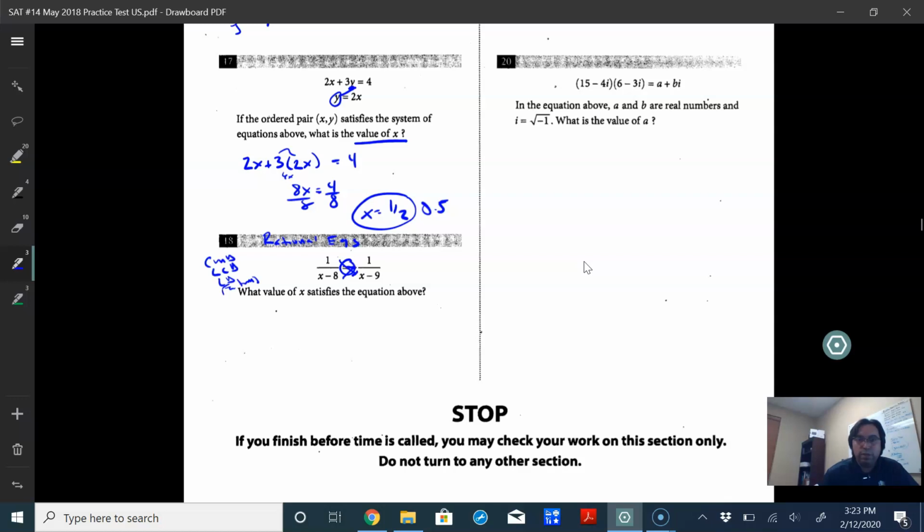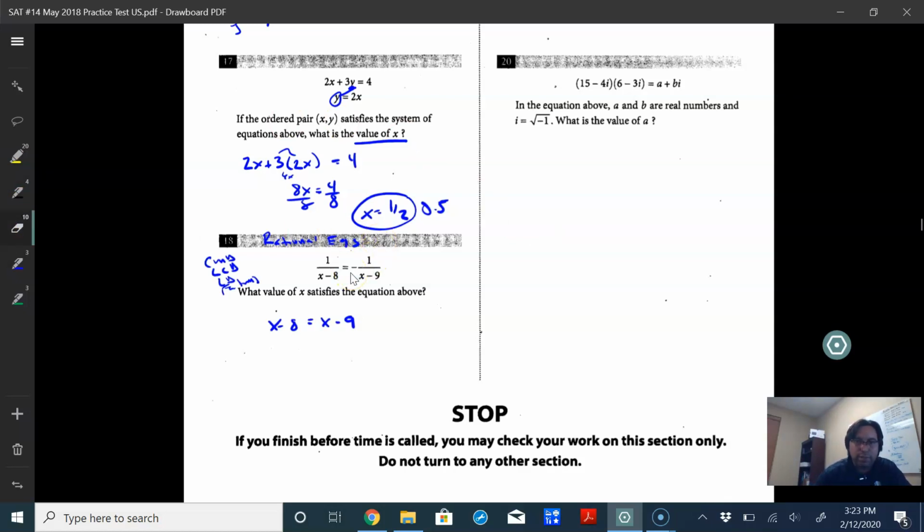So within this one, cross multiplying, you get x minus 8 times 1, so x minus 8 equals, and then x minus 9 times 1 gives me x minus 9. Well, this doesn't really seem to be working out too well. Did I read this one wrong?